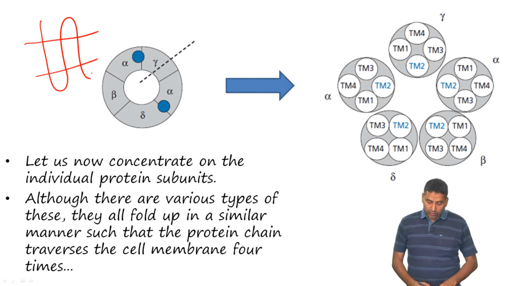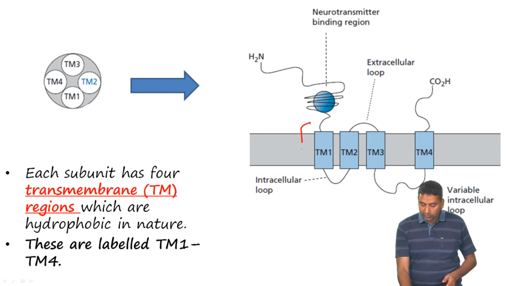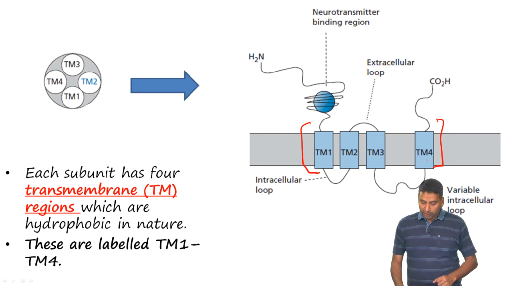Each subunit has 4 transmembrane regions which are hydrophobic in nature, and one can reason out why these need to be hydrophobic, because they need to interact with lipids in the membrane. They are labeled as TM1, TM2, TM3 and TM4.